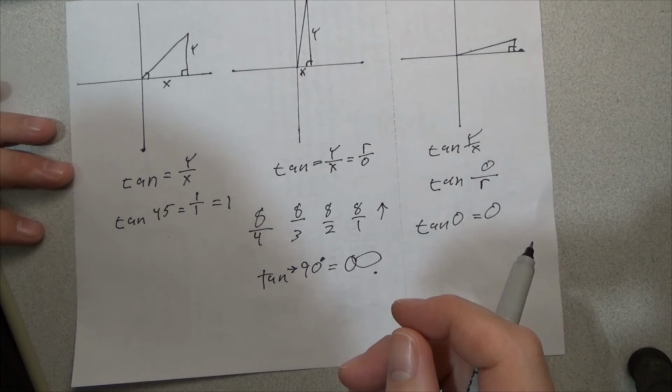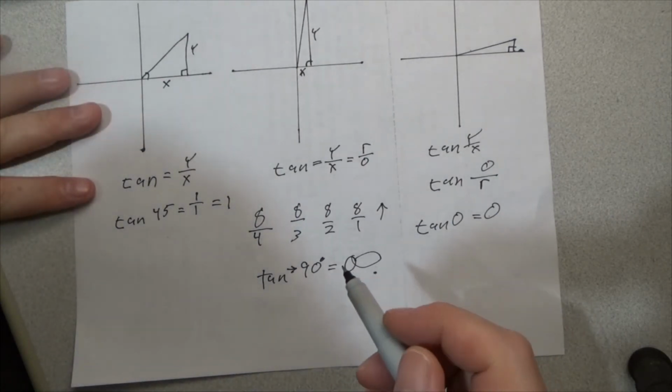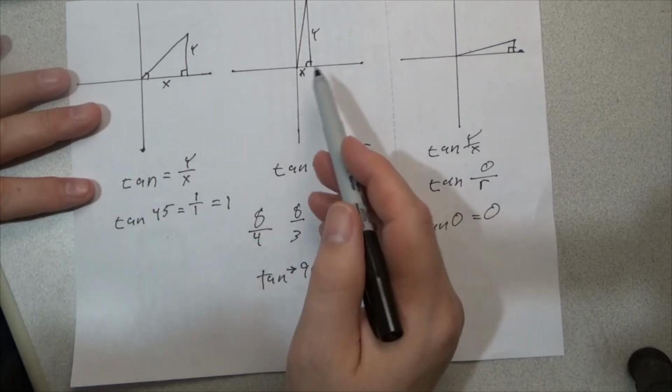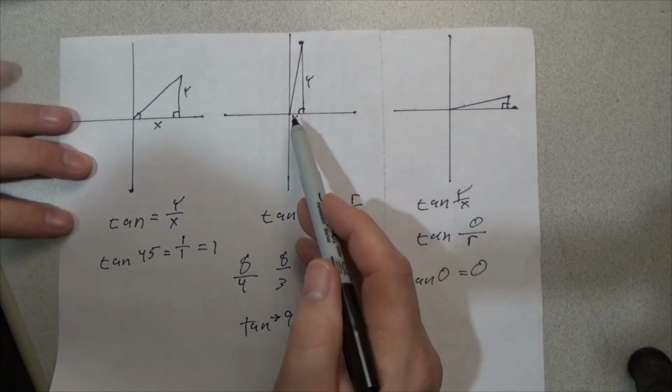Okay, let's see if there's another one in here. So let's look at number 13. When side y equals side r, that's like this right here. What is the value of the sine function?